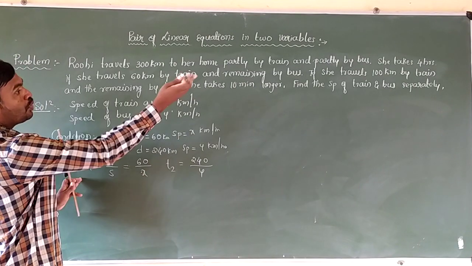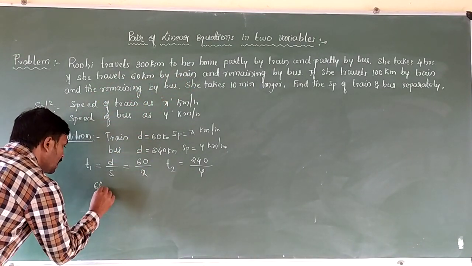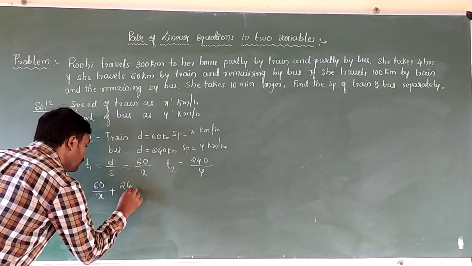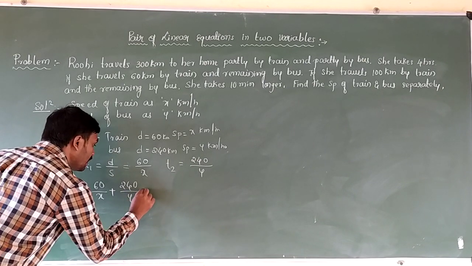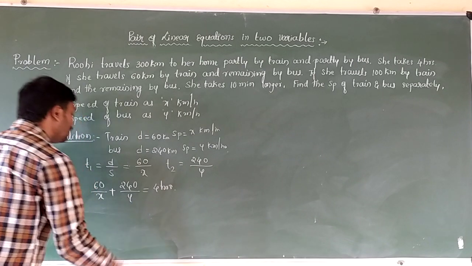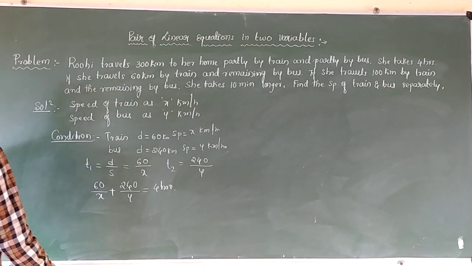Together T1 and T2, she takes 4 hours. So 60 divided by x plus 240 divided by y is equal to 4 hours. So this is our first equation.